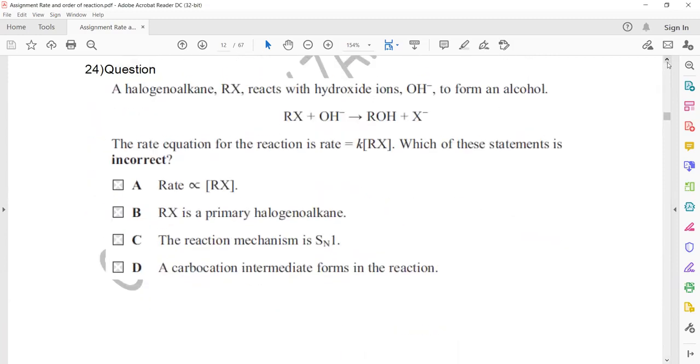24. A halogenoalkane is reacting and the rate equation involves only the halogenoalkane. Which of these statements is incorrect? Should be B, because it should be tertiary, it cannot be primary.